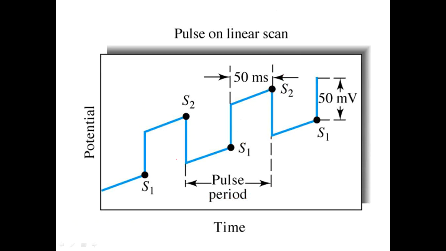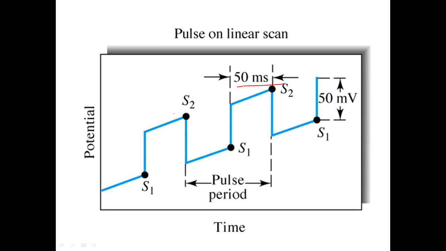So you can see the potential ramp here. The applied potential is increased linearly, and at every pulse period an equal pulse is applied. The pulse duration is around 50 milliseconds to 60 or 70 milliseconds, whichever is applied there.